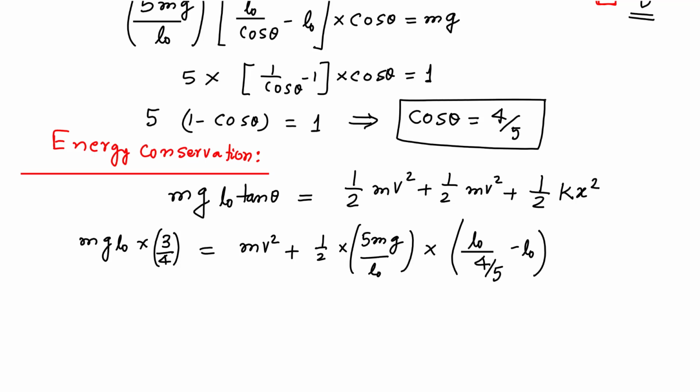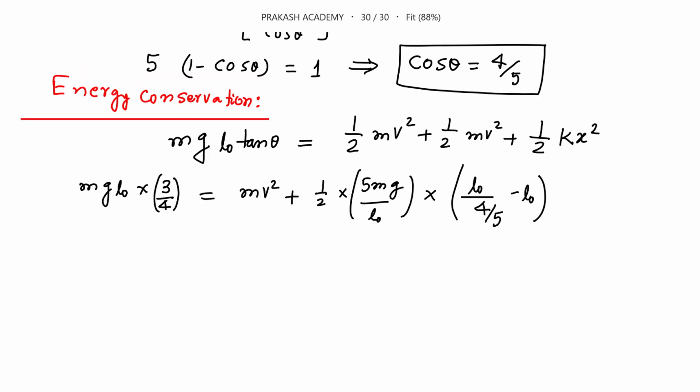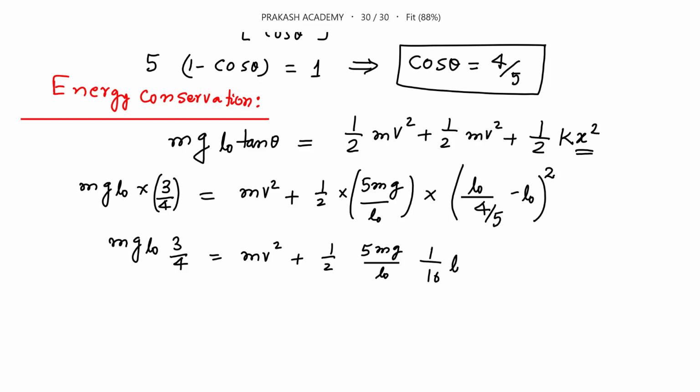So this becomes mg L naught 3 by 4, and this will be mv square plus half 5 mg by L naught times x square. You see this is kx square. So x will become 1 by 4 L naught, and whole square of that, so 1 by 16 L naught square.